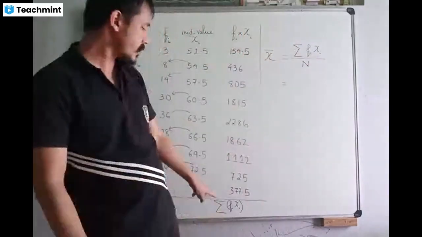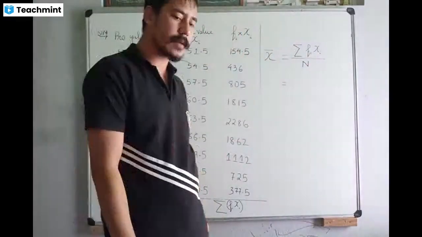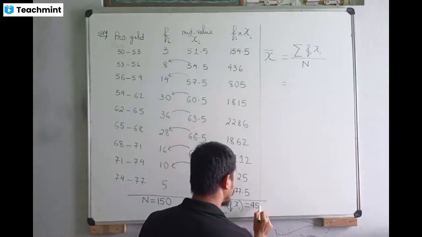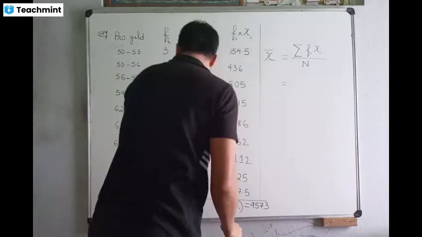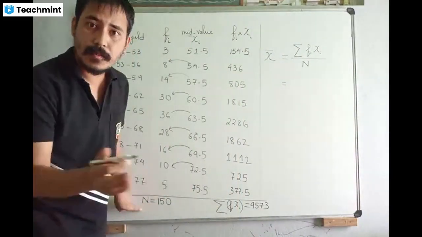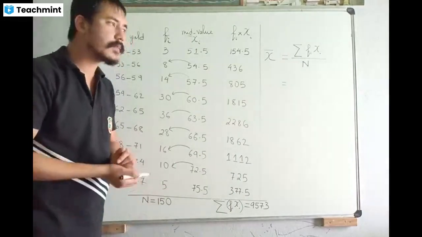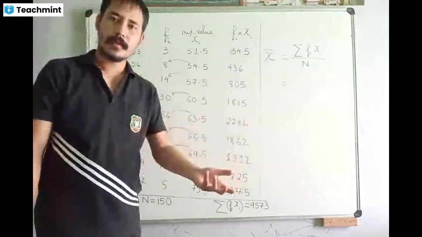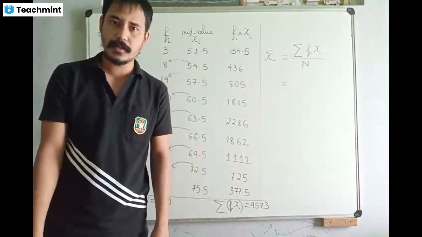Now, this total is determined to be 9,573. And here, why n? We have learned this in ungrouped data also: n means the number of items in the series.